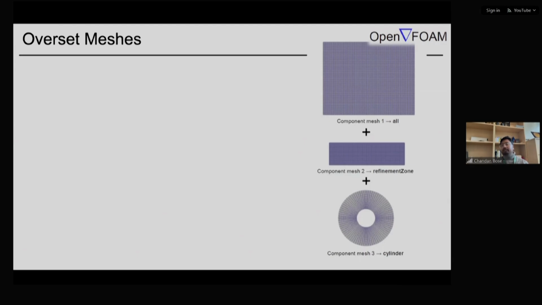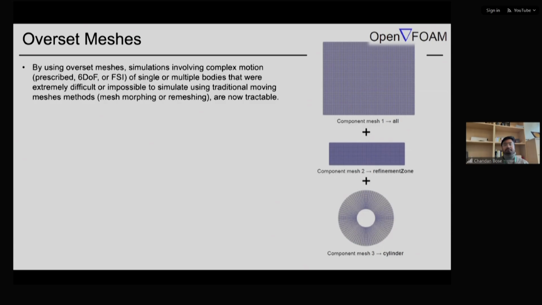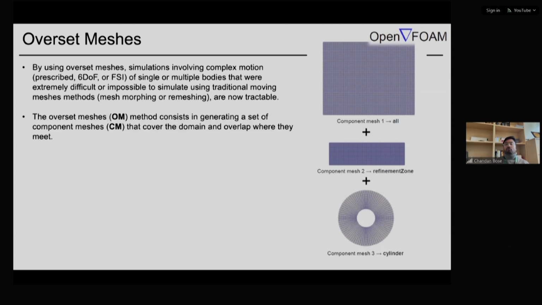But in this case, we have different component meshes. As I told before, in overset mesh, we use different disconnected meshes. In the example on the right, you can see we have a background mesh, then a refinement region, then a cylinder mesh. In overset meshes, we call them component meshes.